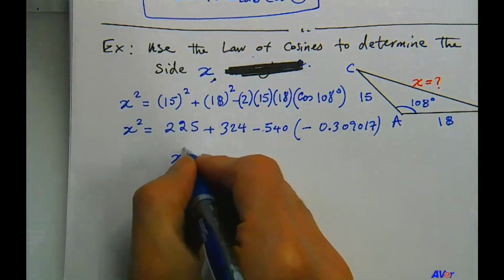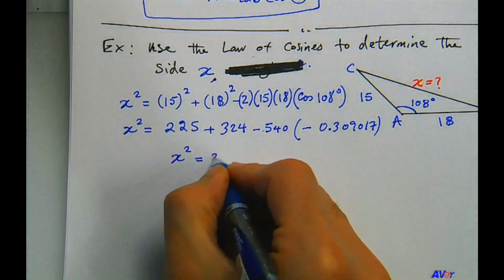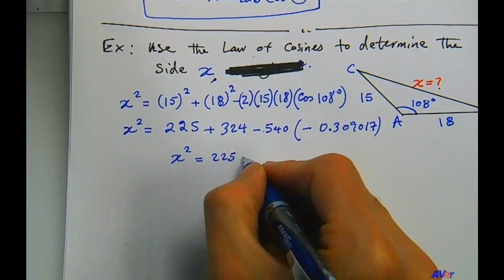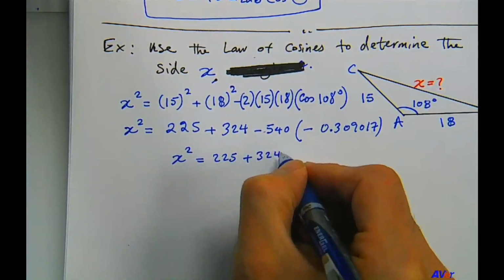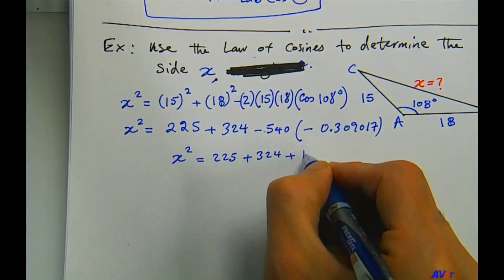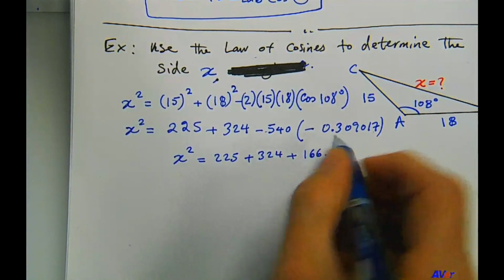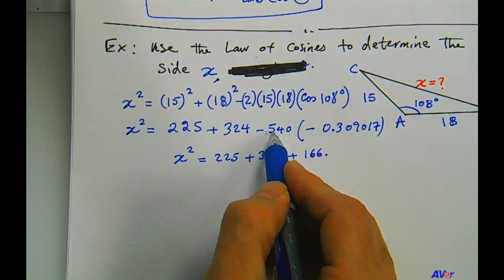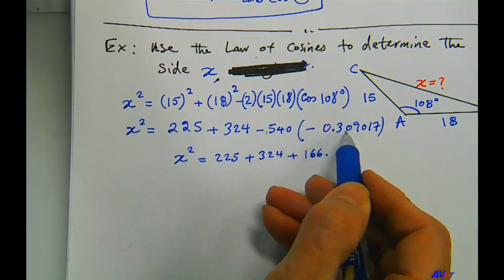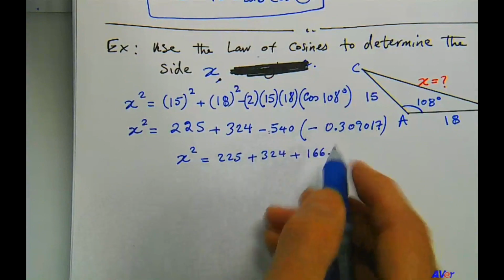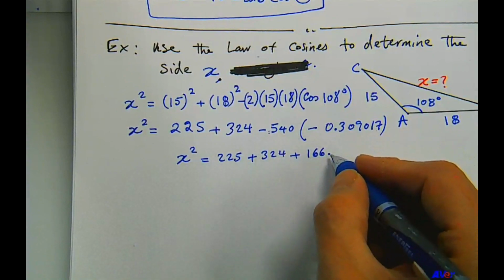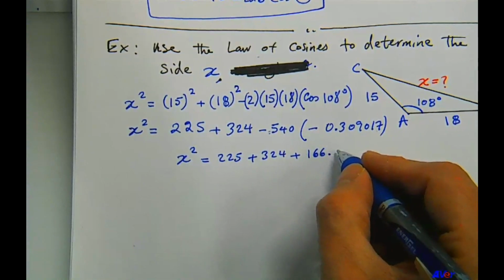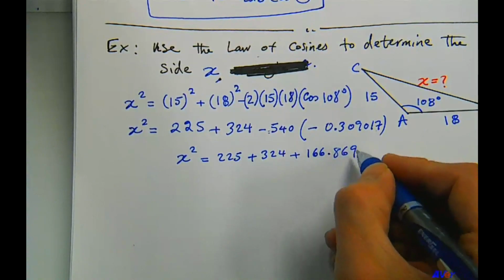So we'll have x squared equals 225 plus 324 plus 166. That's multiplying these two: minus 540 times minus 0.309017. It is positive 166.869.